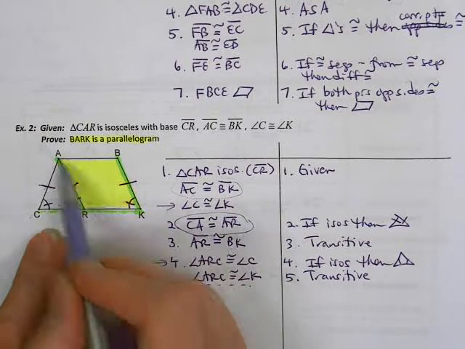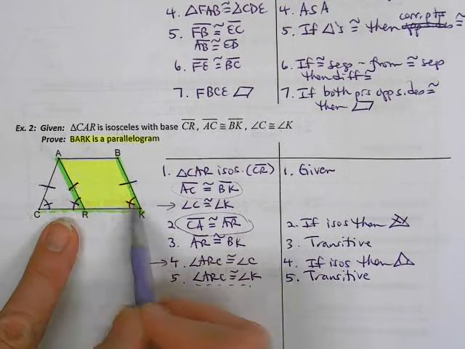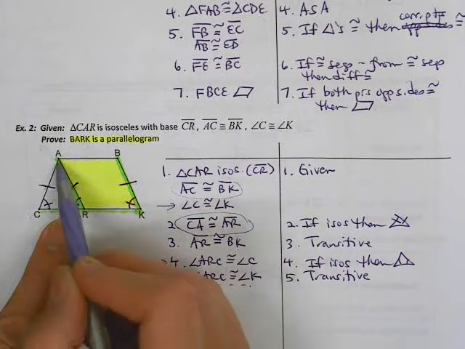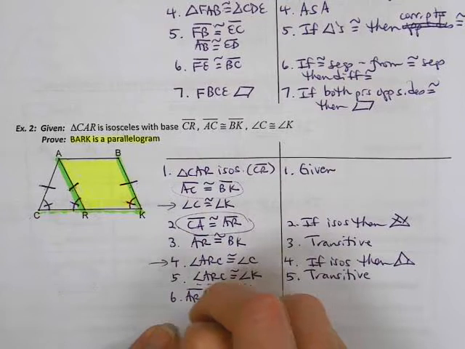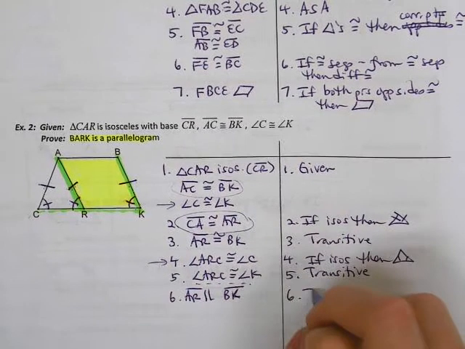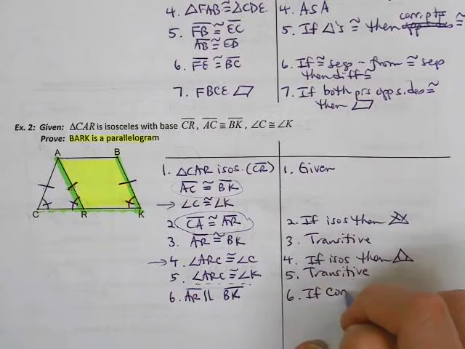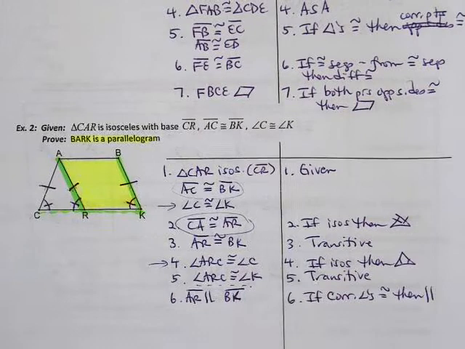Well, now in this green F, these two are congruent. So if corresponding angles are congruent, then my lines are parallel. So now I can say AR is parallel to BK. Those are corresponding angles. If corresponding angles congruent, then the lines are parallel.